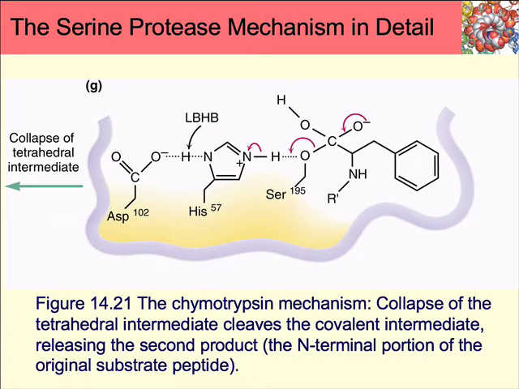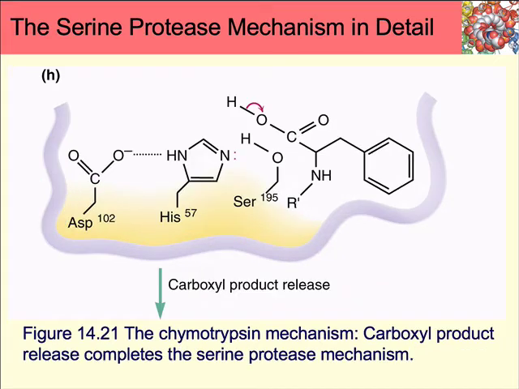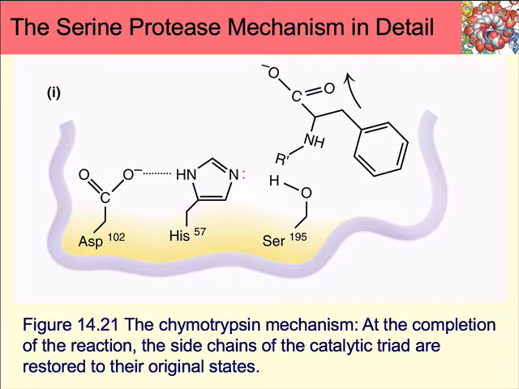In the next step, the oxyanion here collapses to reform a carbonyl, and this bond breaks because the electrons are used to pick up a proton from the histidine. Once again, the histidine is acting as a general acid to carry out its part of the reaction, and that leaves us with this, which is really the second product, free now from its covalent bond, and it dissociates and the reaction is over. Okay?